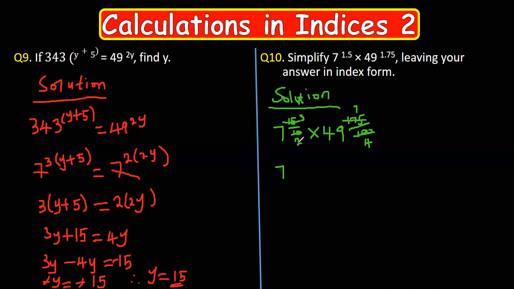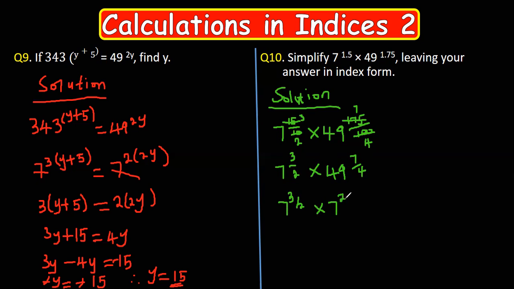So let's continue. We have our index here as 3 over 2, times 49, which now has 7 over 4 as its index. Let's now convert them to a similar base. 49 is 7 raised to the power of 2.